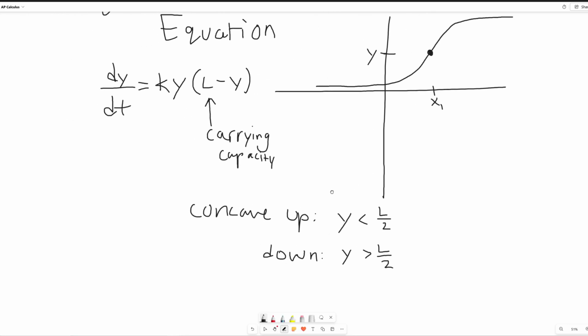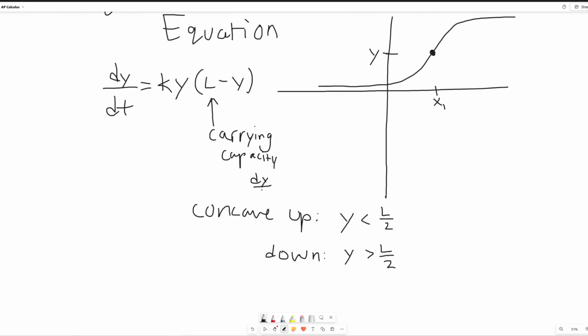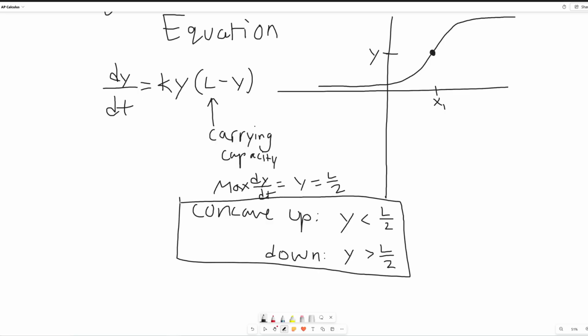So these two relationships, max dy over dt equals when y is equal to L over 2, and then this concavity relationship are the two main relationships you need to know.